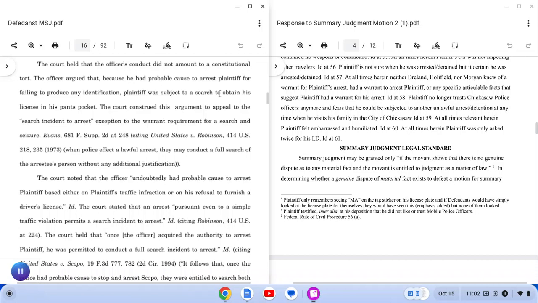Plaintiff was subject to a search to obtain his license in his pants pocket. The court construed this argument to appeal to the search incident to arrest exception to the warrant requirement for a search and seizure. So basically what they're saying is a search incident to arrest is an exception to a warrant requirement for a search and seizure.